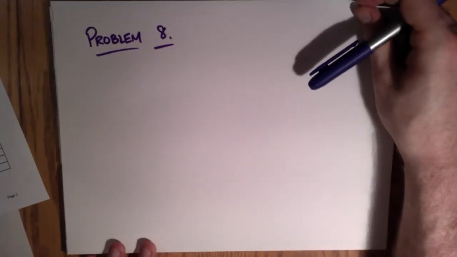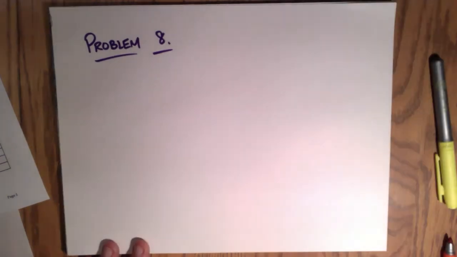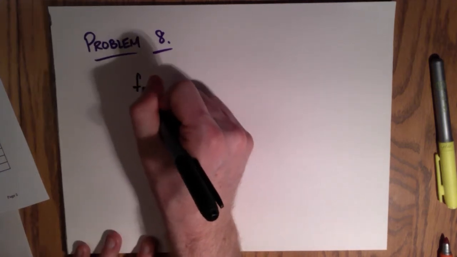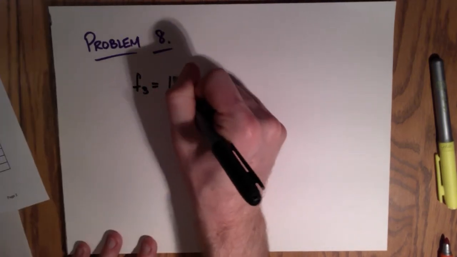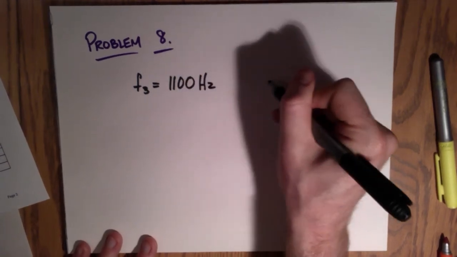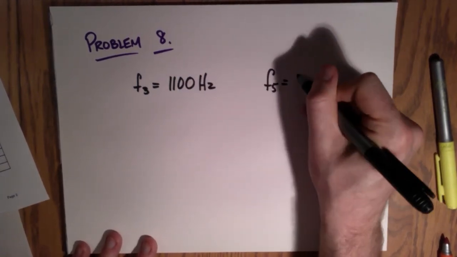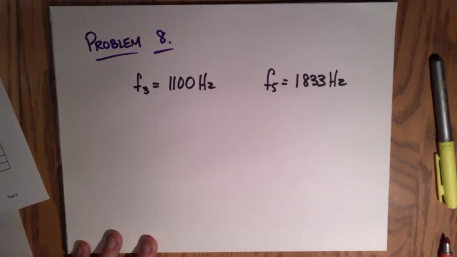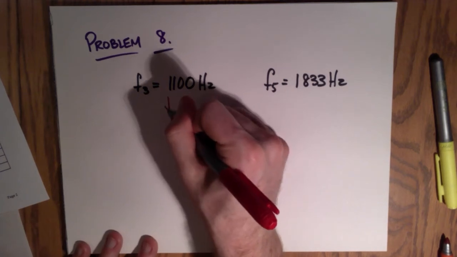If we take a look at problem 8, we have a closed end organ pipe. So that means one end is open and one end is closed. What we're given here is the third harmonic frequency, which is 1,100 hertz. We're also given the fifth as 1,833 hertz. This is fairly simple. They want us to find the fundamental frequency. We have two options.